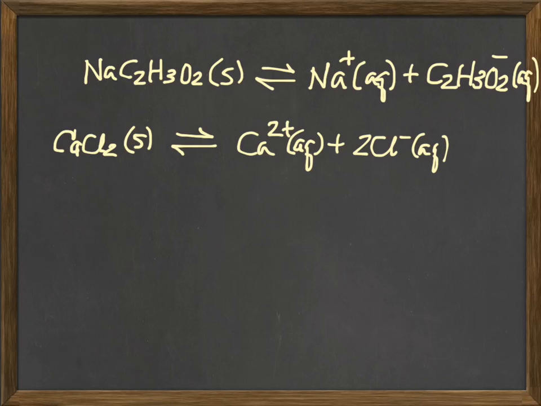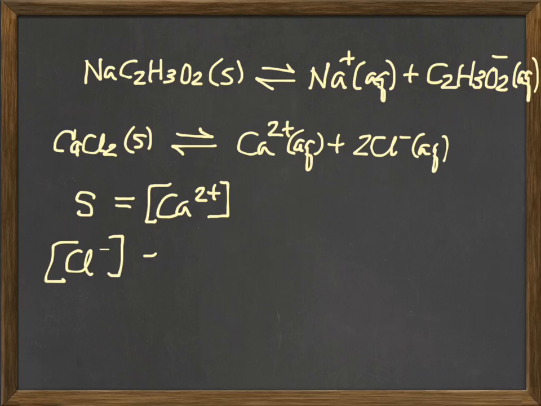So the calcium concentration is equal to S, because that's going to equal the number of moles dissolved. And then how is this related? For chloride, we're going to get twice as many, right? So what's the actual chloride concentration? The chloride concentration will equal 2 times S.